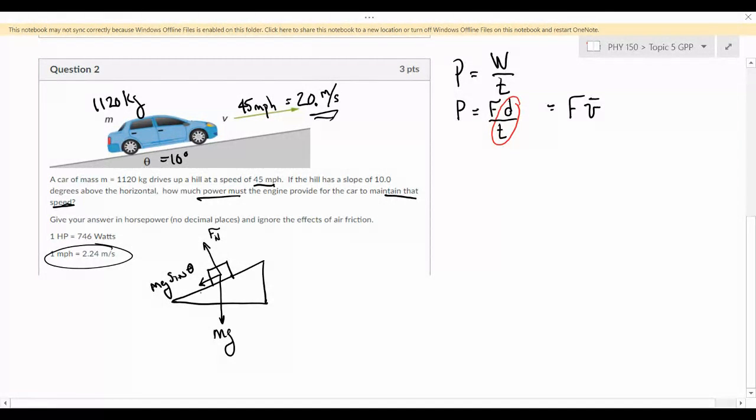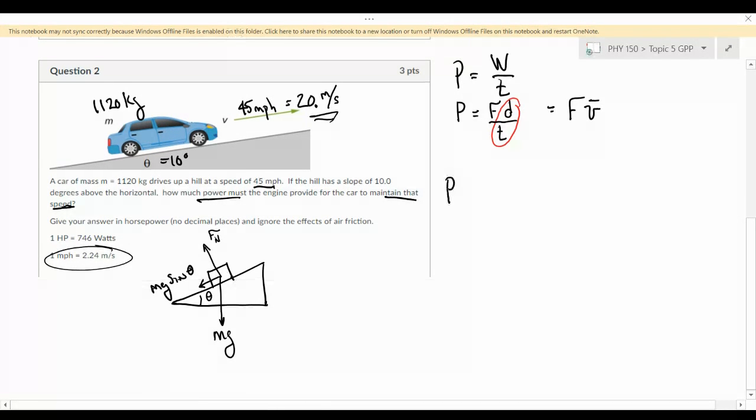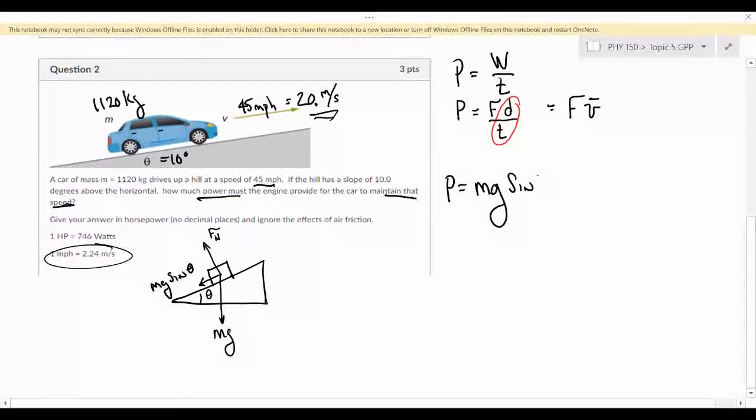You can imagine the bigger the angle, the more force the car has to apply. So in this case, let's put all that in. The power is mg sine theta times our average velocity. We'll put our numbers in.